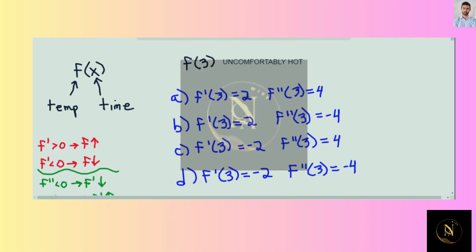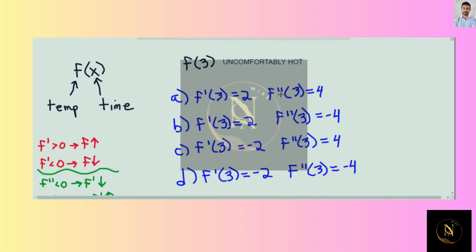So F prime of 3 equaling a positive 2 means that here we are at the 3 hour mark already feeling uncomfortably hot, but F prime of 3 is positive, meaning the function is increasing, meaning the temperature is going to get even hotter after we move past 3 hours. So if we're uncomfortably hot now, we're going to get really uncomfortably hot.